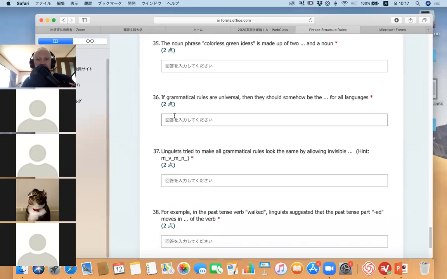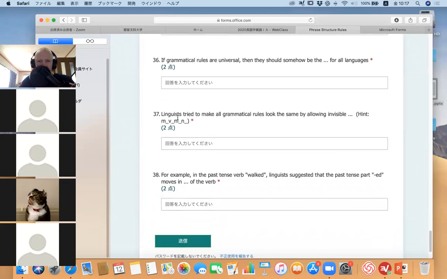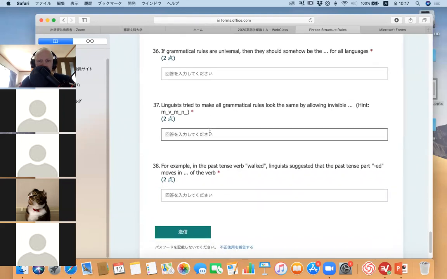And then you've got, if grammatical rules are universal, then they should somehow be the same for all languages. Okay, and linguists try to make all grammatical rules look the same by allowing invisible elements.